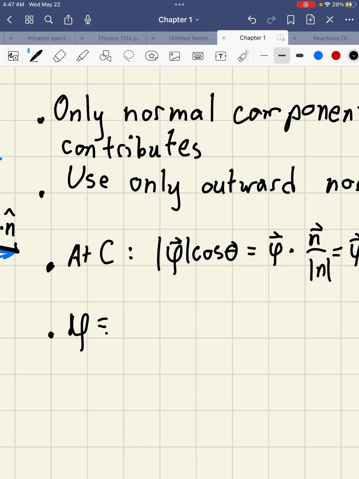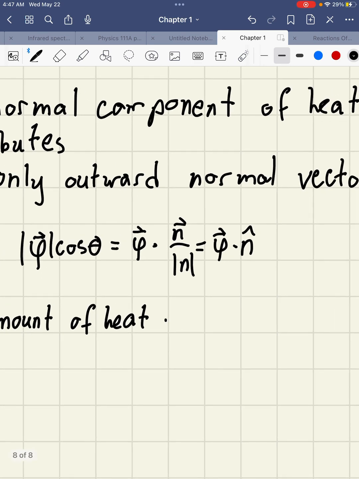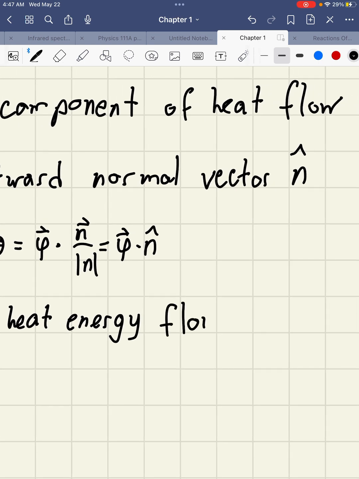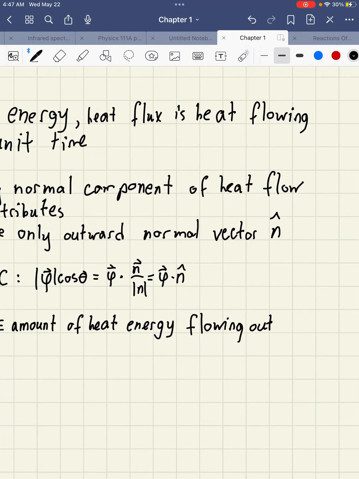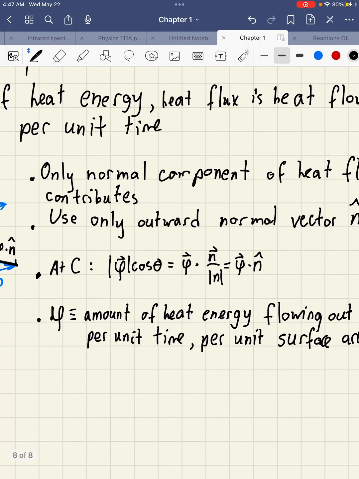Our phi is defined as the amount of heat energy flowing out per unit time per unit surface area.